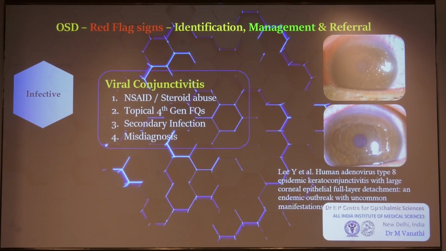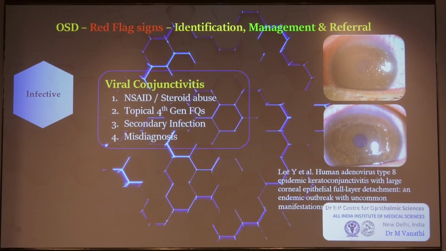The steroid abuse or an NSAID abuse here, and again, frequent topical use of fourth generation fluoroquinolones. That's something which commonly everybody resorts to when you see a conjunctivitis. I would simply start with less potent, or I wouldn't say less potent, but antibiotics as simple as chloramphenicol or polymyxin, which do fantastically well in viral conjunctivitis or keratoconjunctivitis, because they're going to play only a prophylactic role in preventing a secondary bacterial infection.